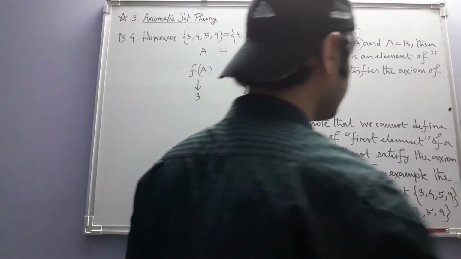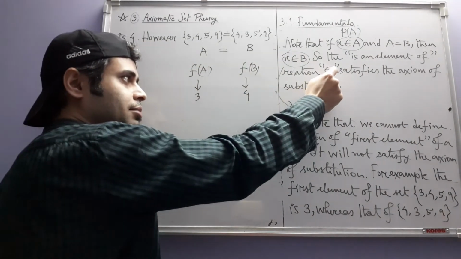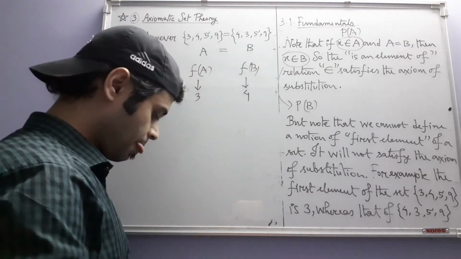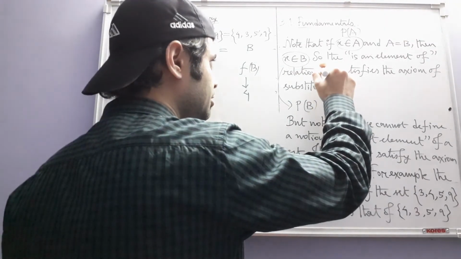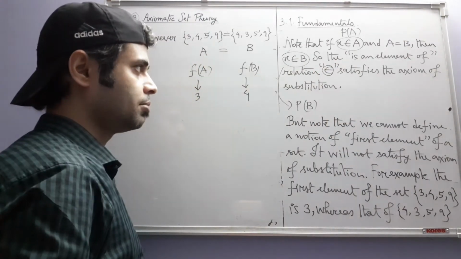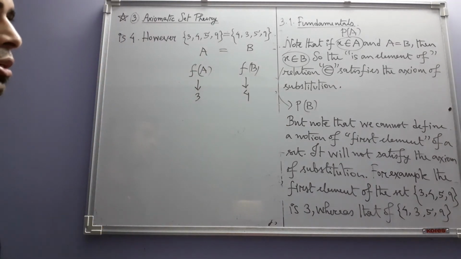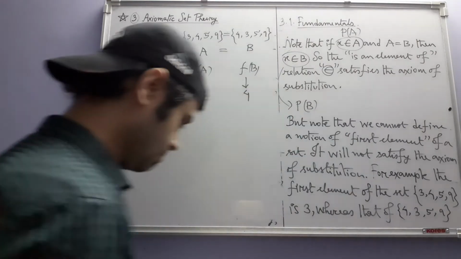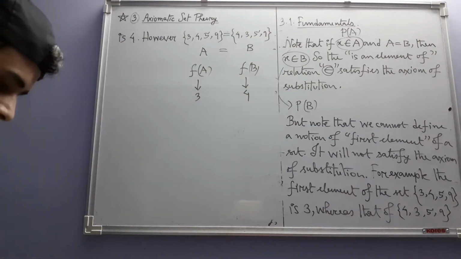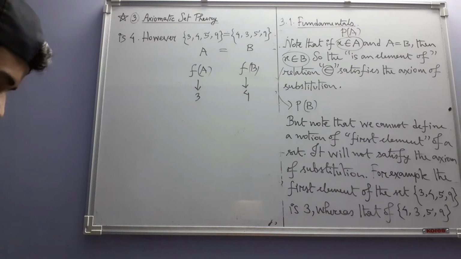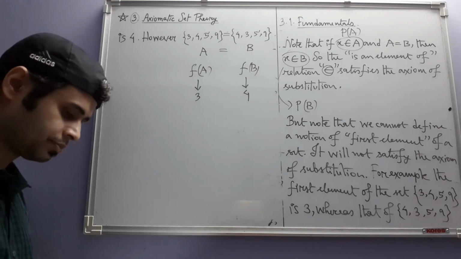And most of the things in set theory are defined in terms of this. If we tweak this relation, we get other sorts of entities like fuzzy sets, but that is something entirely different. So this was the discussion involving the axiom of substitution.